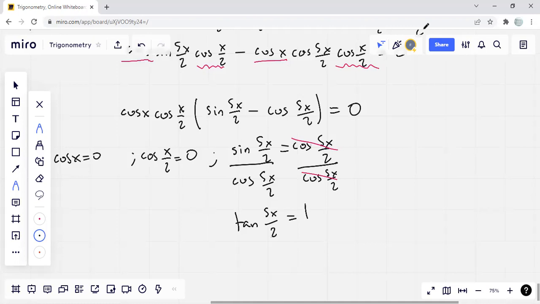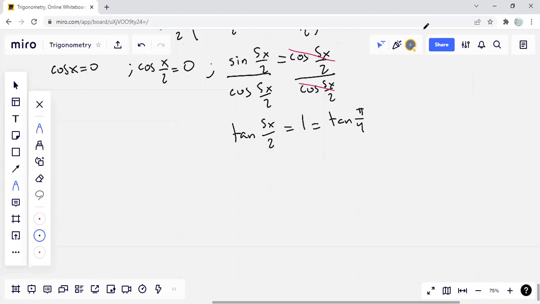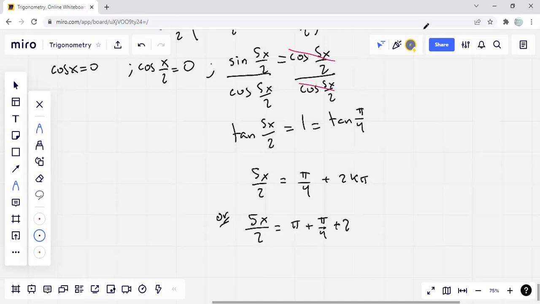From the table we know that 1 is equal to the tangent of pi over 4. So by using the rule, 5x over 2 will be equal to pi over 4 plus 2k pi, or 5x over 2 will be equal to pi plus pi over 4 plus 2k pi.